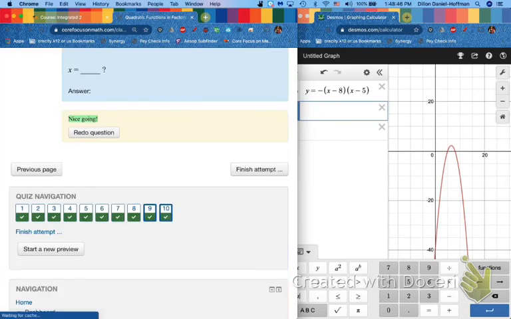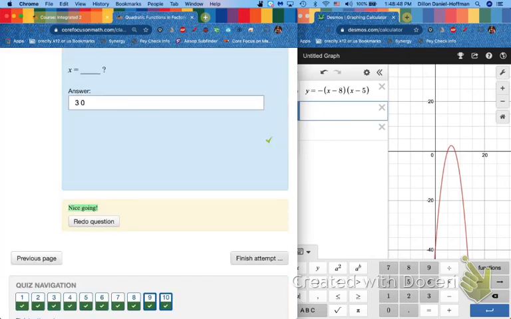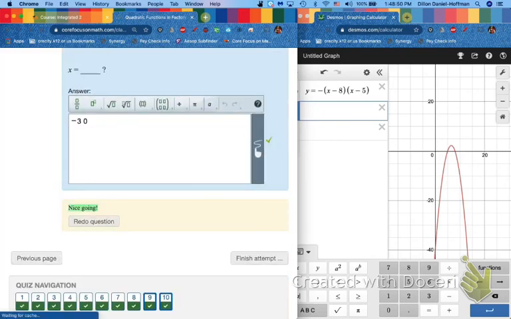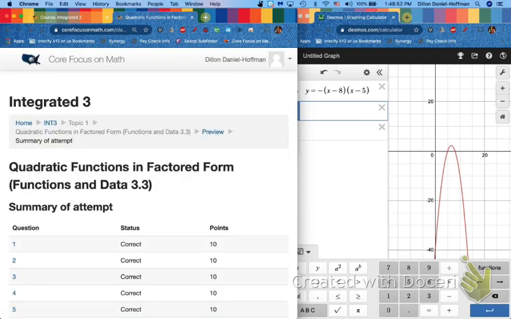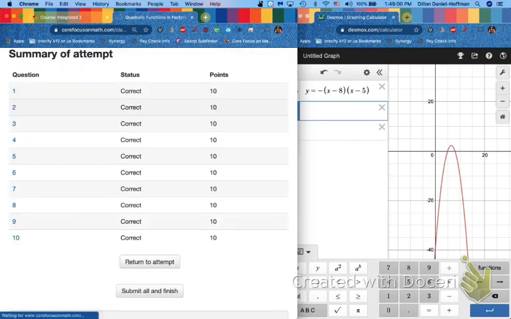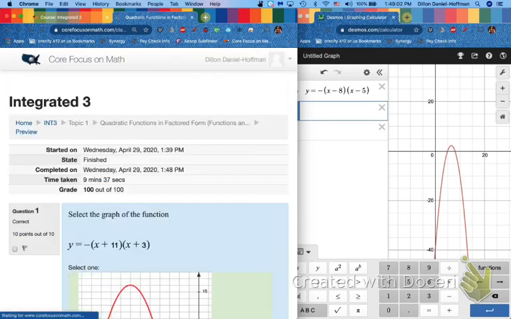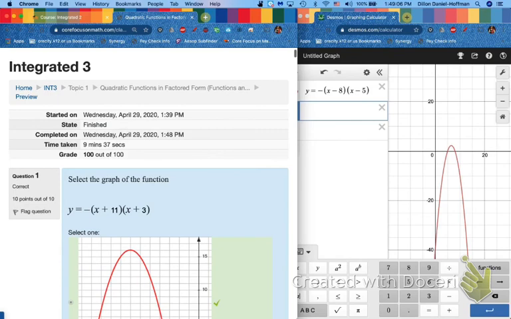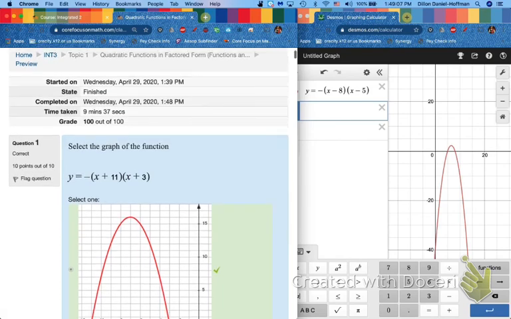Okay, we've gotten through 3 different assignments with vertex form, and now we are officially done once it shows us that 100, and factored form. Oh, and I did end up starting this correctly, so it only took 9 minutes, 37 seconds.